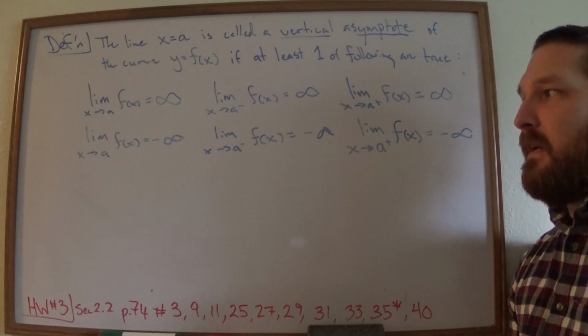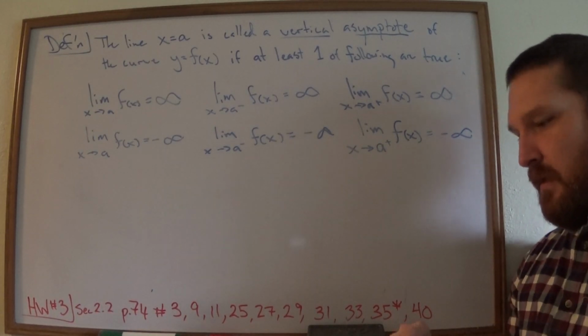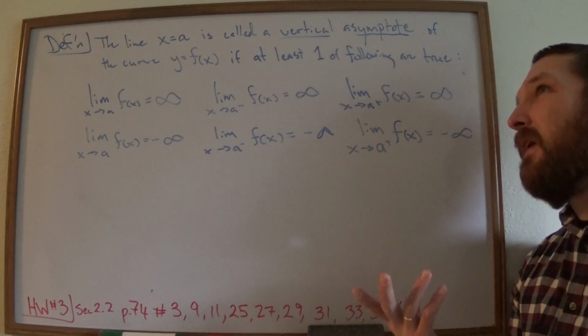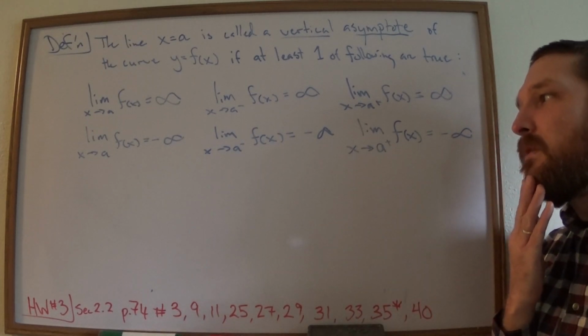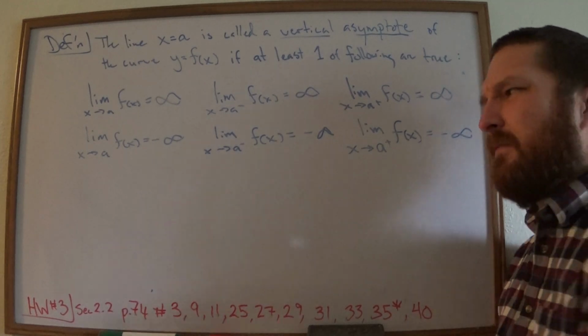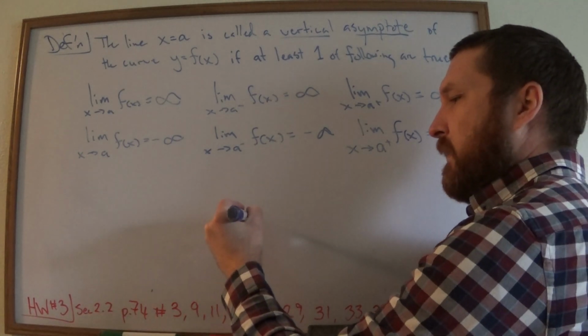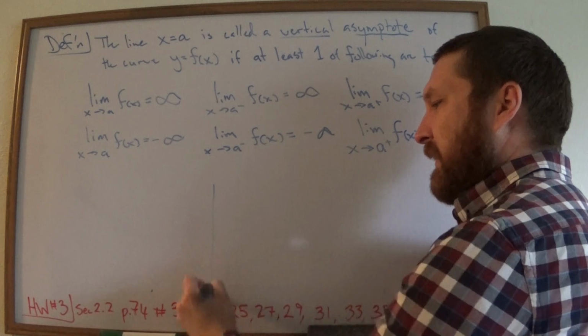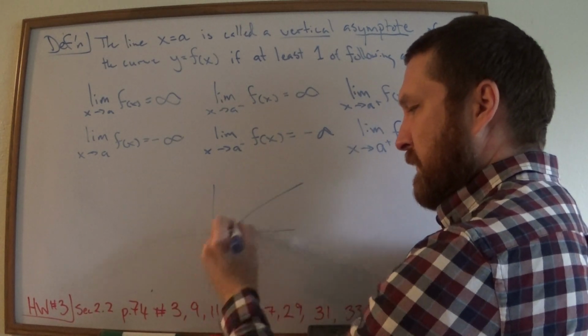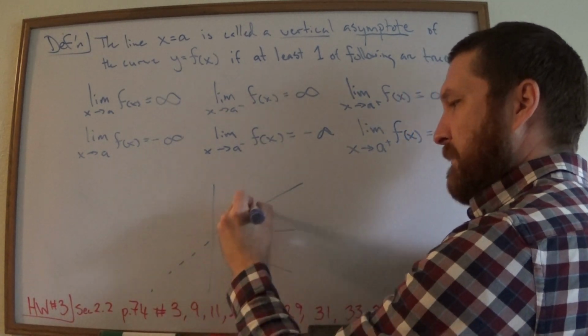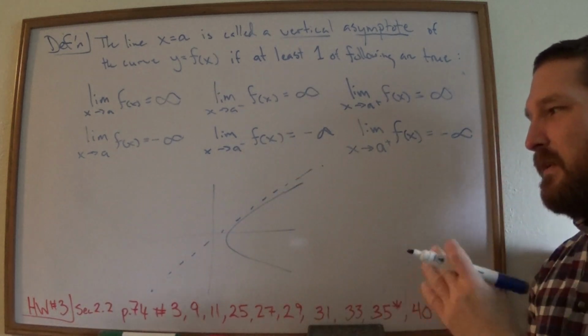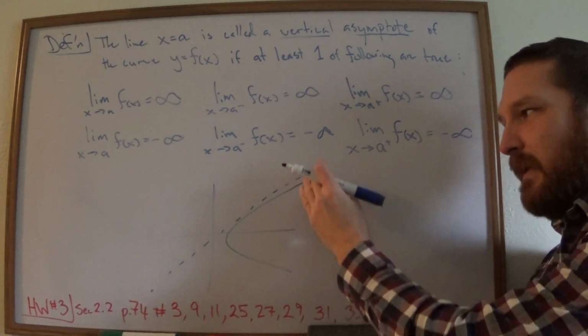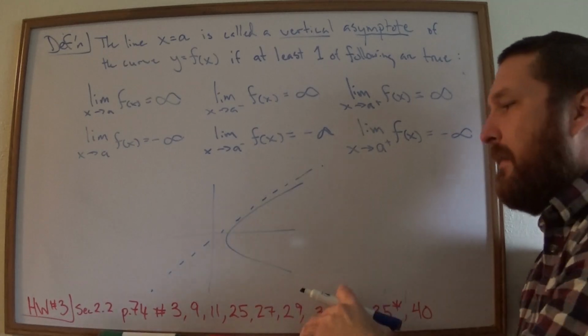Okay? And it does mesh with the definition, if we ever really defined it 2 years ago when we talked about rational functions. I don't know if we ever really did. When we were doing hyperbolas, the way that we defined it was that the graph will get arbitrarily close to that line.